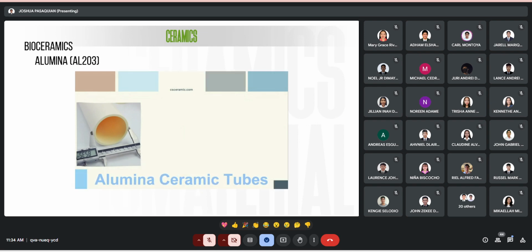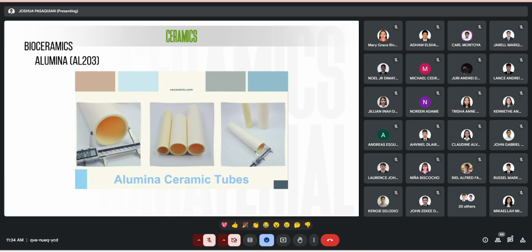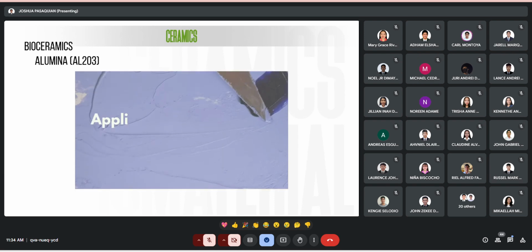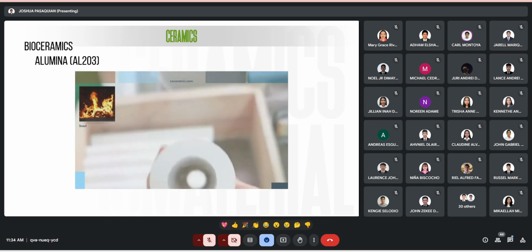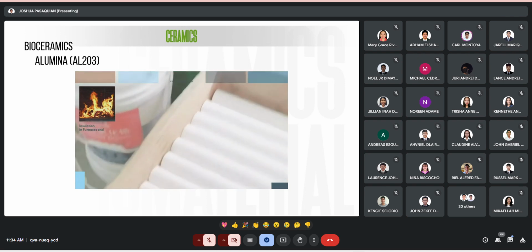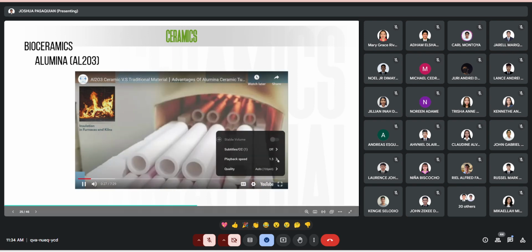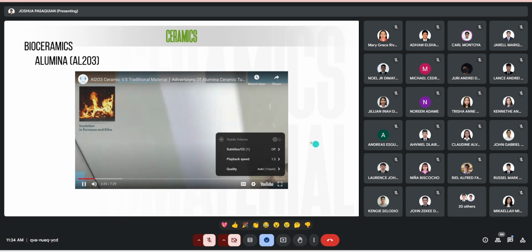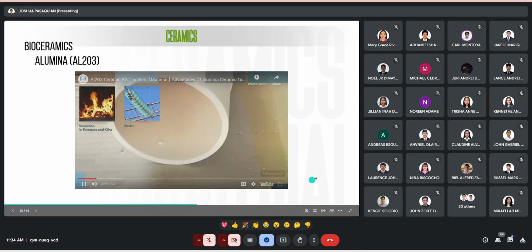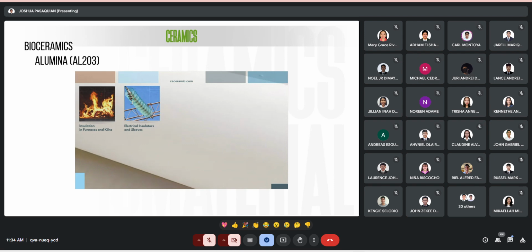Aluminum oxide ceramic tubes, also known as aluminous ceramic tubes, are widely recognized for their exceptional properties and versatile applications across various industries. Aluminum oxide ceramic tubes excel as insulation components in high-temperature environments, such as furnaces and kilns. Their excellent thermal insulation properties allow for precise temperature control, minimizing heat loss and improving energy efficiency in industrial processes. With superior electrical insulation capabilities, aluminous ceramic tubes are widely used as insulators and sleeves in electrical systems.